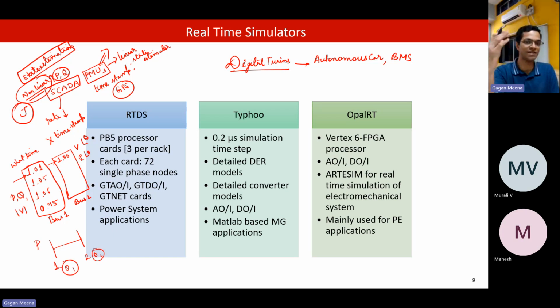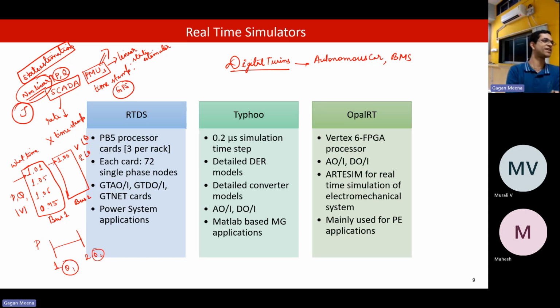Let's say at the transmission level, 132 kV, I want to connect a new solar farm or wind farm, and I cannot simply create it and directly connect it.